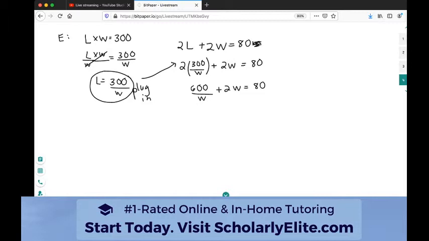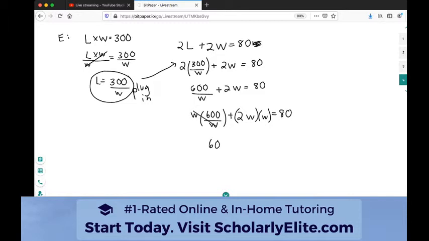So I'm going to multiply everything by W so that I can cancel out the W in the denominator. So this is going to be this times W. Okay. And then that's going to cancel.